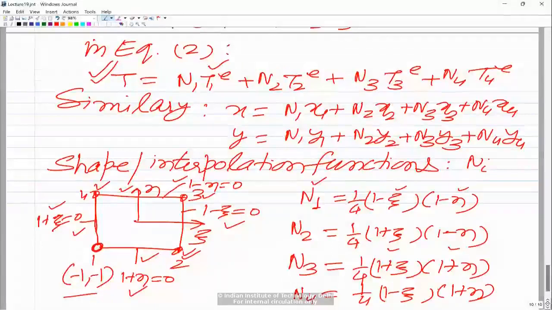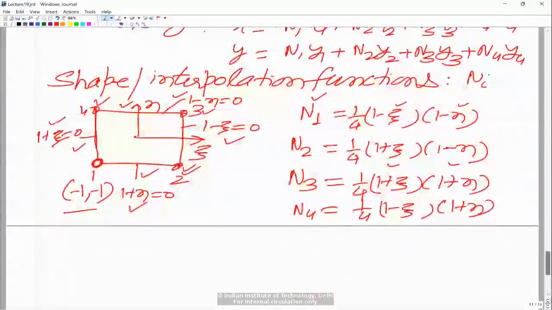The property of these shape functions is that N1 is unity at node 1 and 0 at the other nodes 2, 3 and 4. N2 is unity at node 2, 0 at nodes 1, 3 and 4. N3 is unity at node 3, 0 at 1, 2 and 4. N4 is unity at node 4 and 0 at 1, 2 and 3. Now if you look at the interpolation, we are talking of temperature.